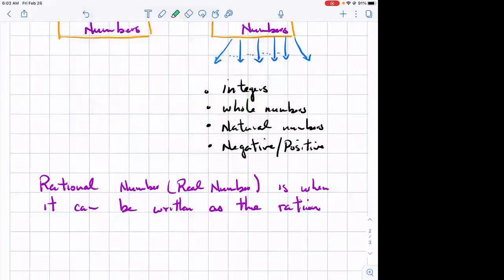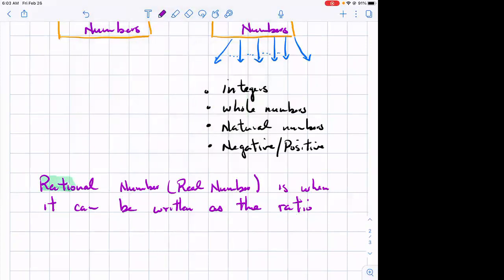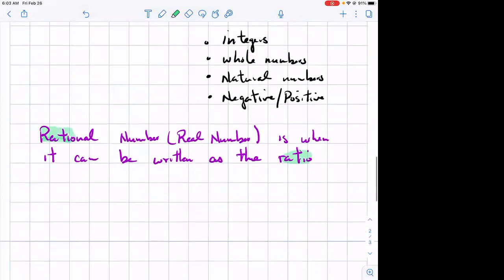The first few letters spell ratio. It can be written as the ratio, such as P over Q, of two integers.